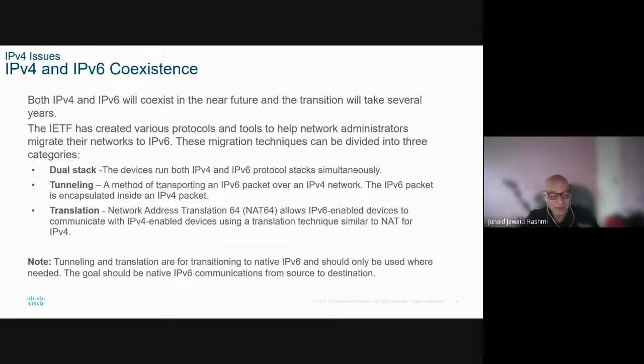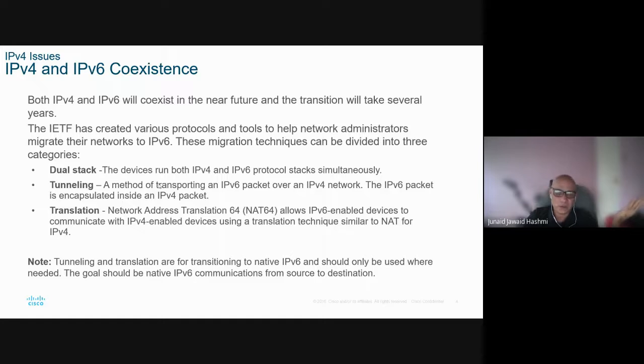For example, older routers cannot use IP version 6, meaning IP version 6 is not programmed into the operating system. So you have to either upgrade all those routers or replace them with newer routers, and that could cost a lot of money. That's just one example.